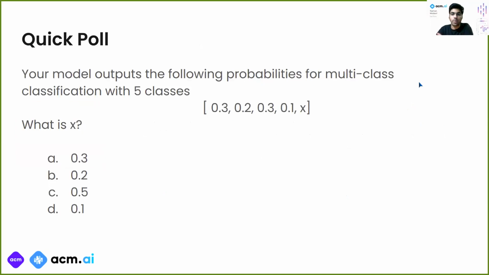So a quick poll, and I'm going to launch this here, but it's pretty simple. Your model outputs the following probabilities for multi-class classification with 5 classes. There are 5 classes, and there are four probabilities. Now, we know that the probabilities add up to a specific number, so that makes this pretty simple. But yeah, go ahead.